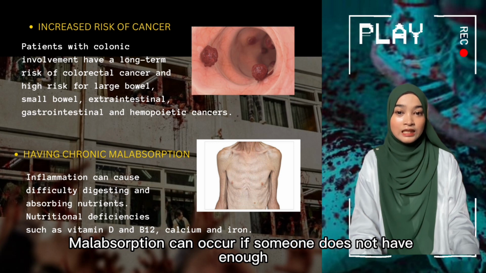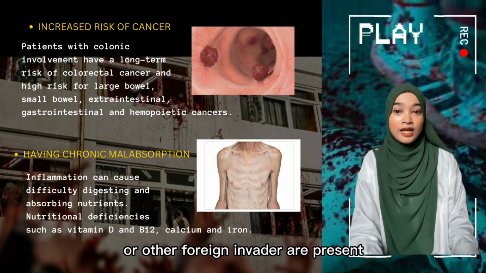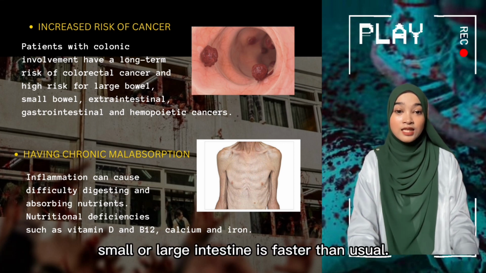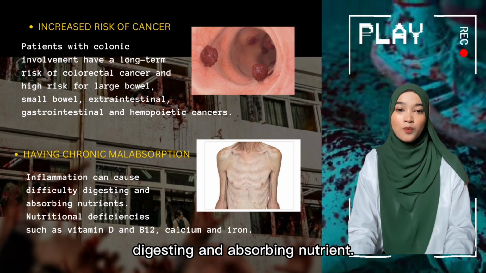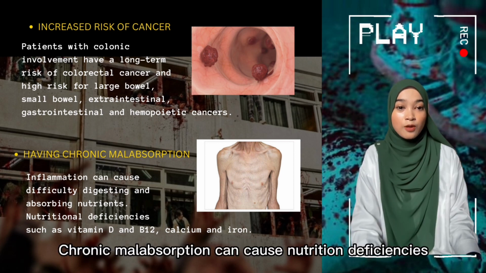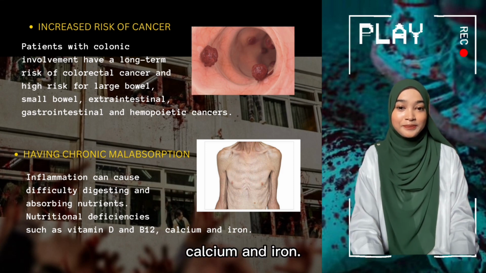Malabsorption can occur if someone does not have enough digestive enzymes, if bacteria or other foreign invaders are present, or if movement in the small or large intestine is faster than usual. Inflammation can cause difficulty digesting and absorbing nutrients. Chronic malabsorption can cause nutrient deficiencies such as vitamin D, B12, calcium, and iron.